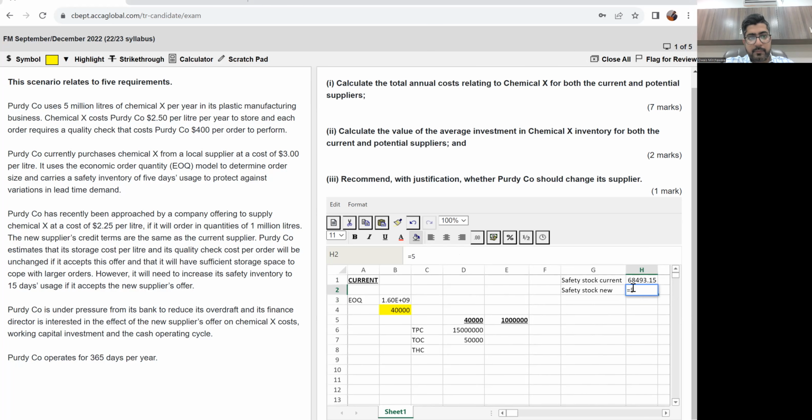So 5 million divided by 365 times 15. So this is the current and new safety stock. I need it for holding cost. That's why I computed it here.